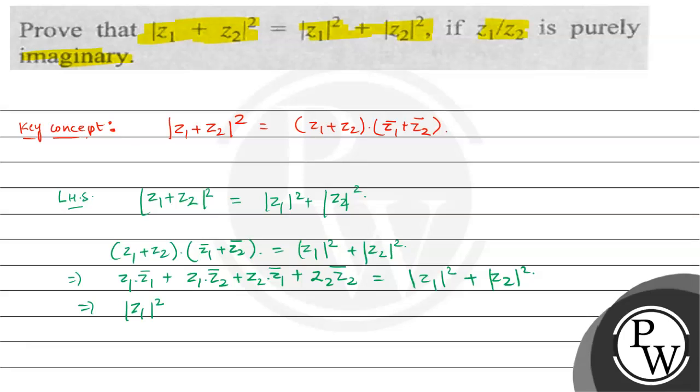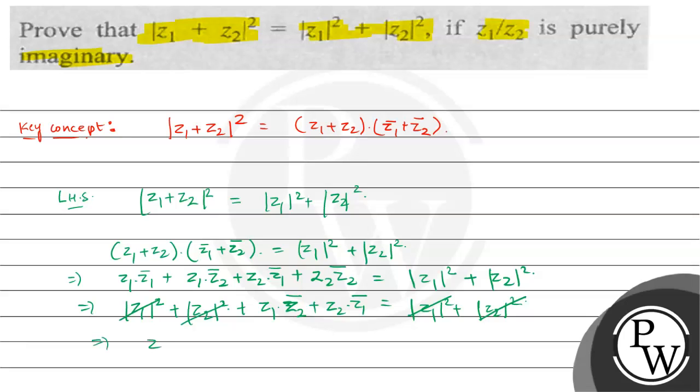Similarly, z2 into z̄2 is |z2|². Plus we have z1 z̄2 + z2 z̄1 = |z1|² + |z2|². |z1|² cancels, |z2|² cancels.